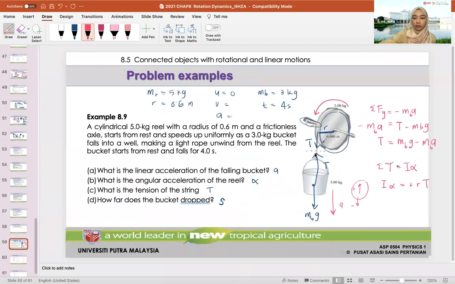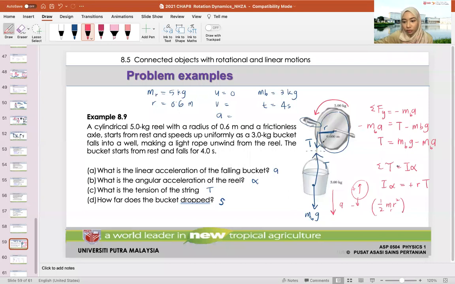So 1/2 mr squared, the m must be associated to the reel, not the bucket, because we are talking about the reel over here. So this is 1/2 m_r r squared times alpha, equals RT. I forgot the alpha, sorry.